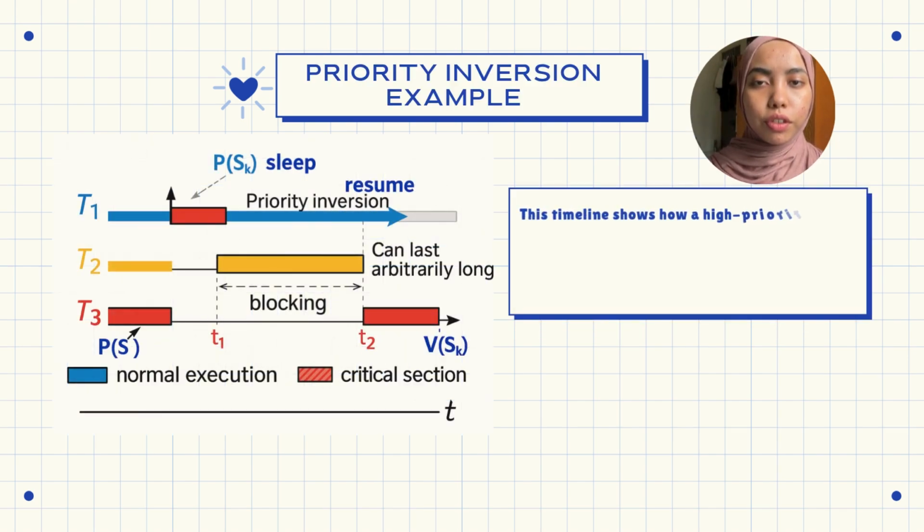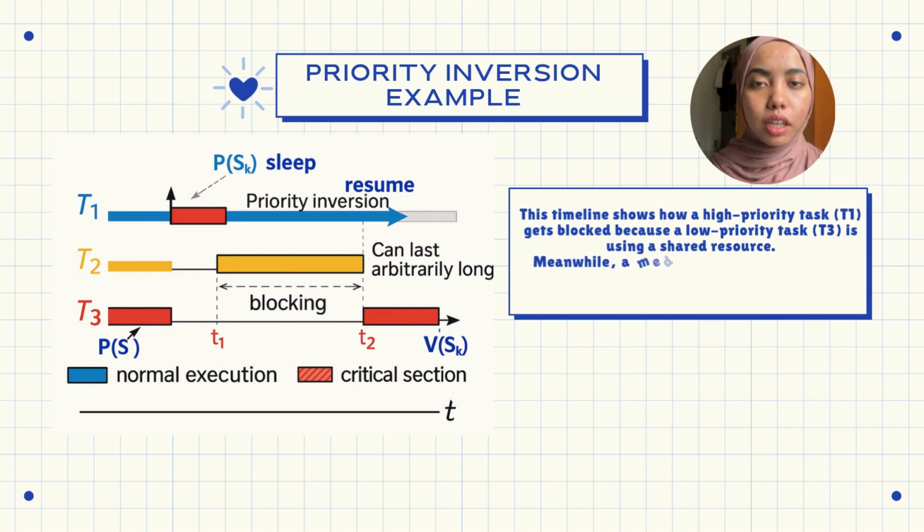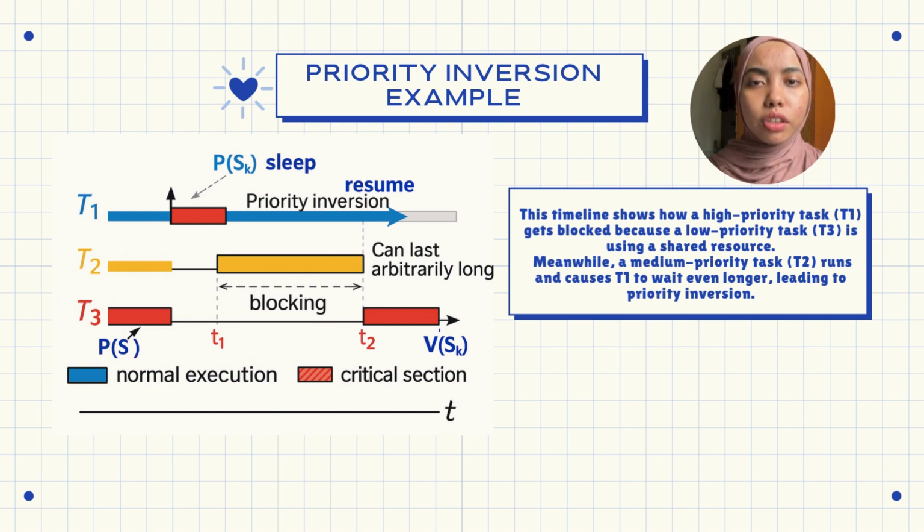So here is a visual example to help us understand it better. At the bottom, we see T3, the lowest priority task. It starts first and locks a shared resource. It is shown in red. Next, T1, the highest priority task, tries to run but gets blocked because the resource is still held by T3.